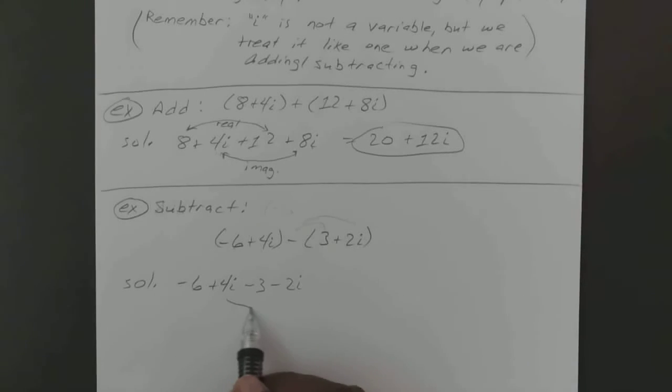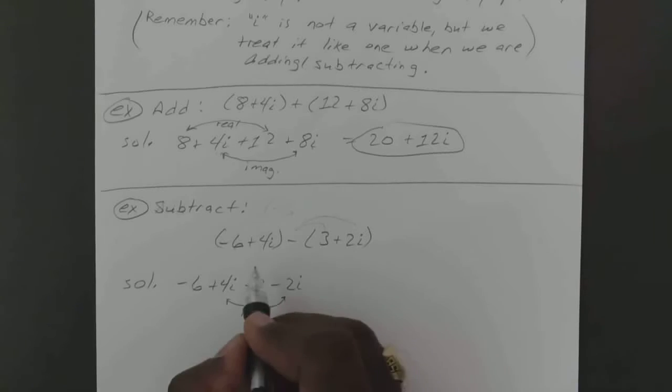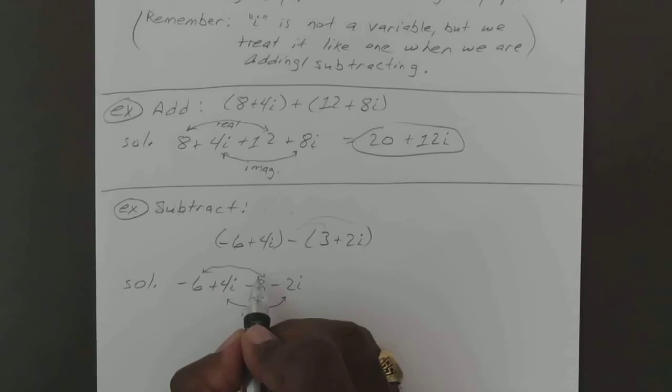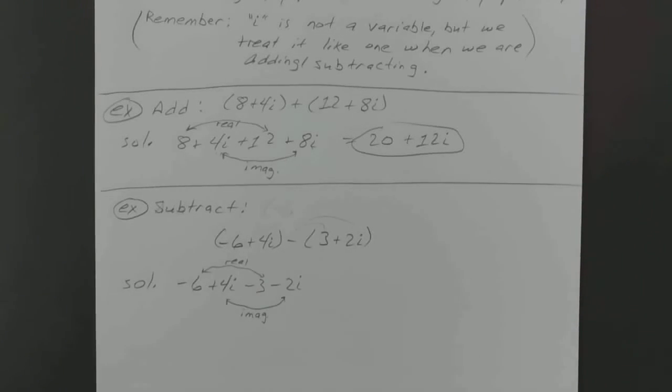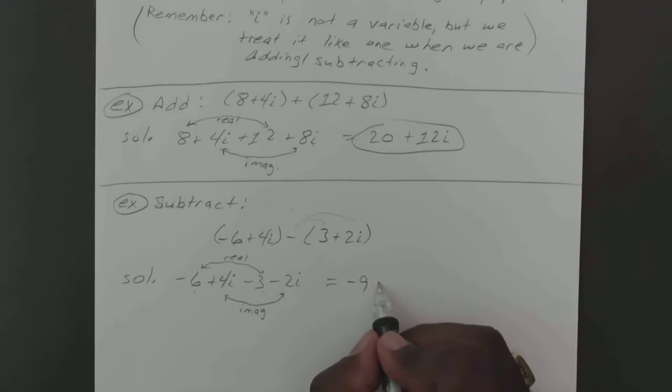And again, you're going to add your imaginary, and you're going to add your real. Negative 6 minus 3 is negative 9, and 4i minus 2i is positive 2i.